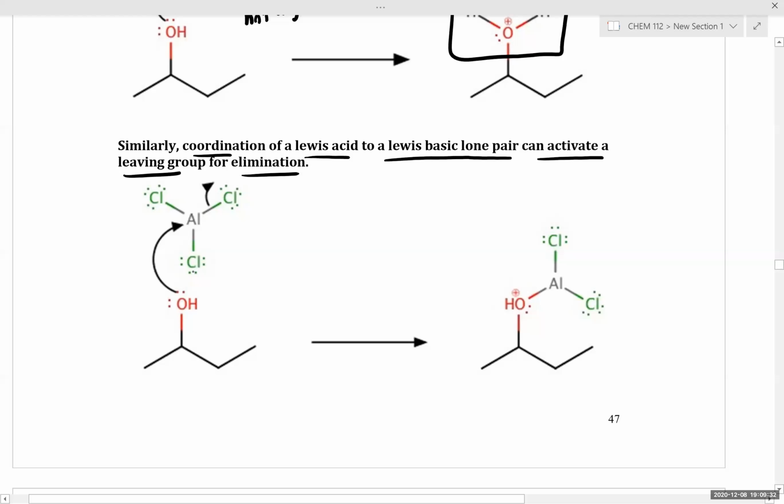There are many ways to deal with this, whether you're using a Lewis acid or a formal reactive electrophilic species to activate your leaving group. In either case, it's the same reason why protonating an alcohol activates it as a leaving group. Coordination of a Lewis acid can also activate your alcohol as a leaving group. Does everyone see these two ways that we can activate our leaving group? Via Bronsted mechanisms where we protonate, or via Lewis acid coordination.